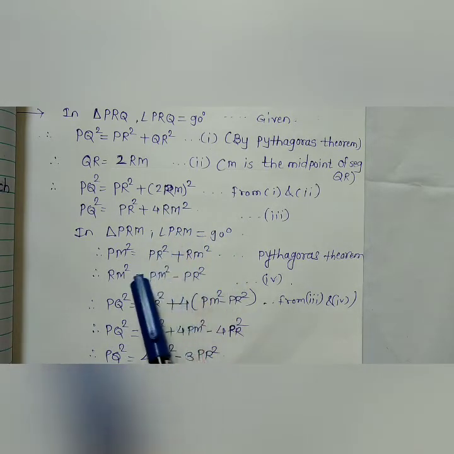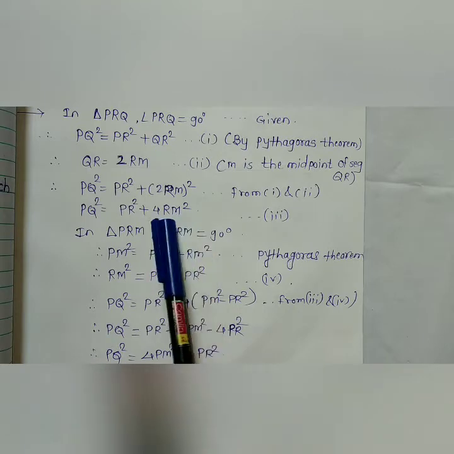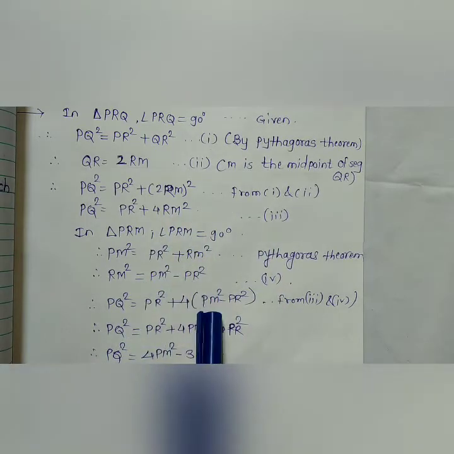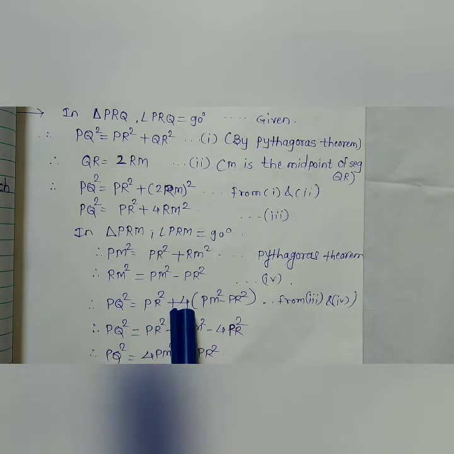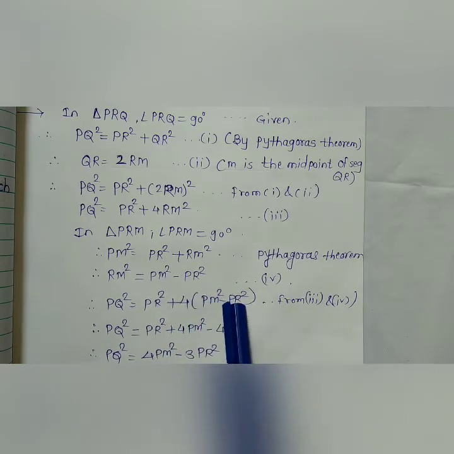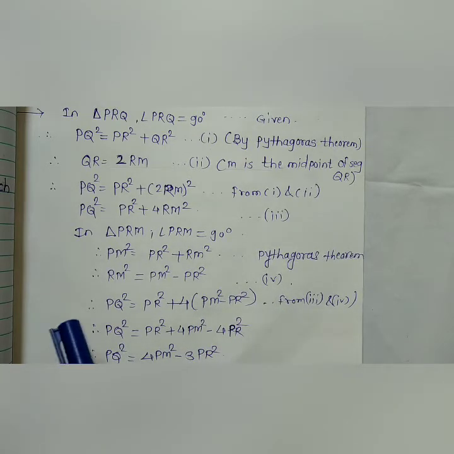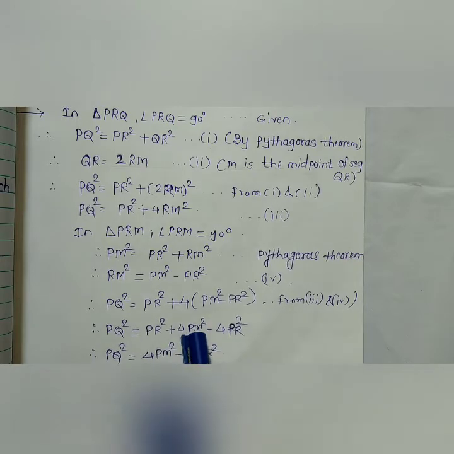Substituting the value of RM square in the third, we get PQ square is equal to PR square plus 4 times RM square, and the value of RM square is PM square minus PR square. Multiplying 4 on this bracket, therefore PQ square is equal to PR square plus 4 PM square minus 4 PR square.